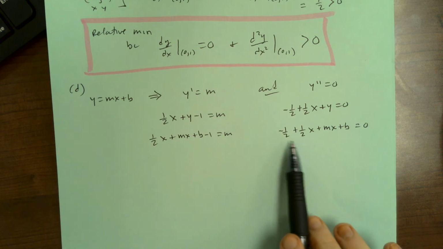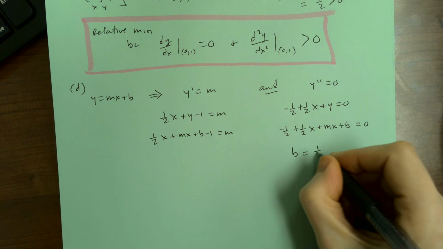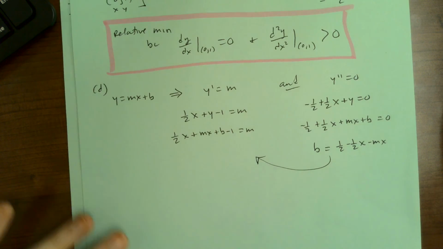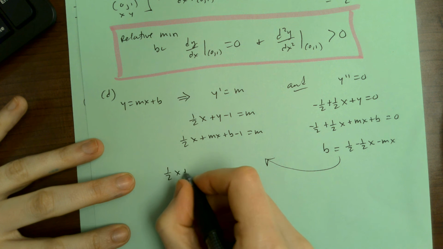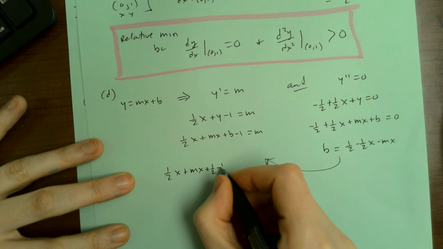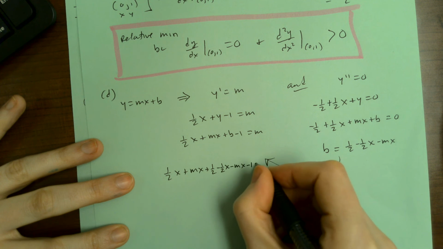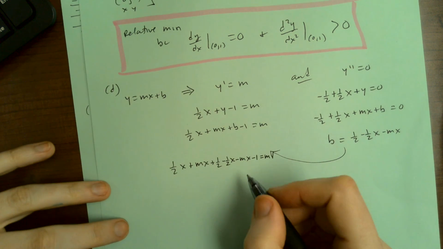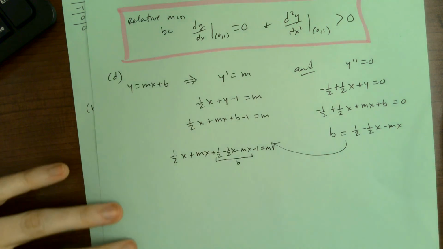Okay, I'm going to solve for b in this equation, and then I'm going to plug it in over here and hope that stuff cancels. 1/2 x plus mx plus 1/2 minus 1/2 x minus mx minus 1 equals m. Okay, 1/2. All right, so that was b right there.